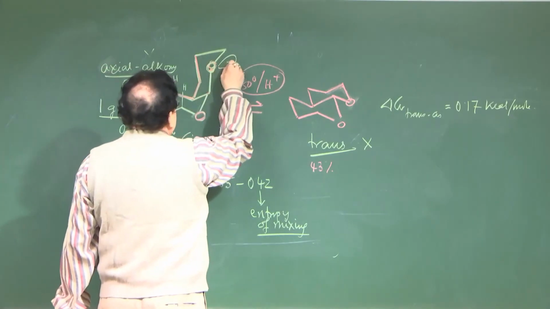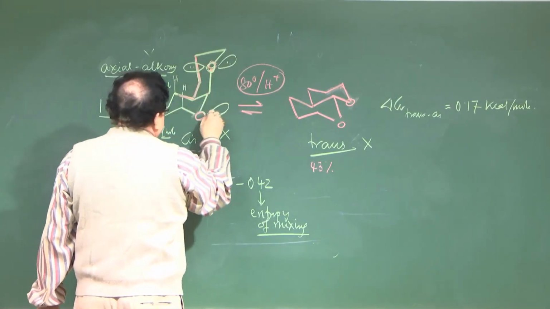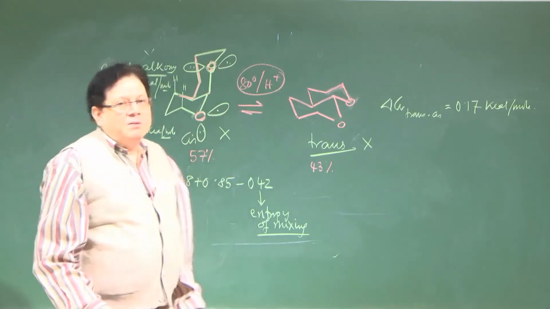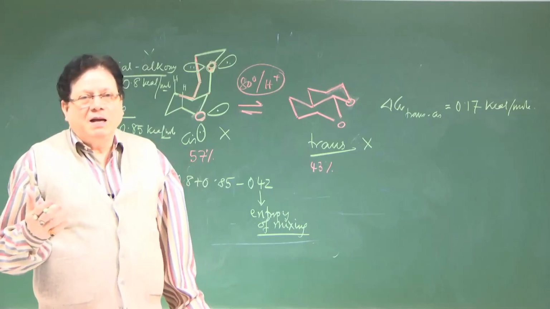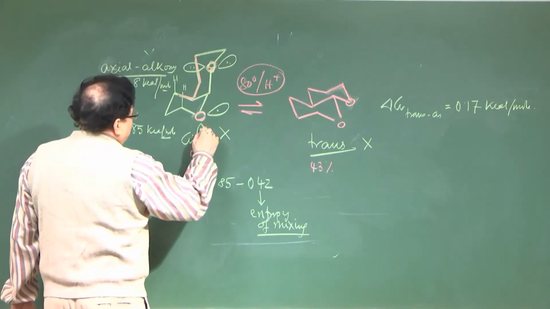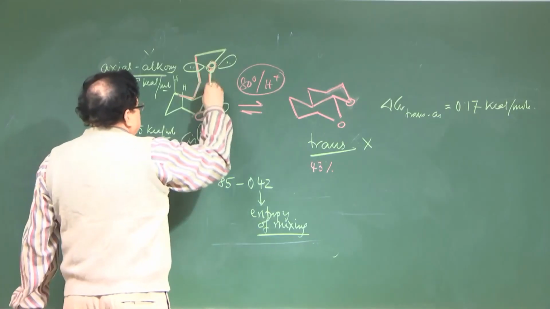The lone pair should be anti-parallel to a carbon-heteroatom bond. So, here this lone pair is just anti-parallel to this one.